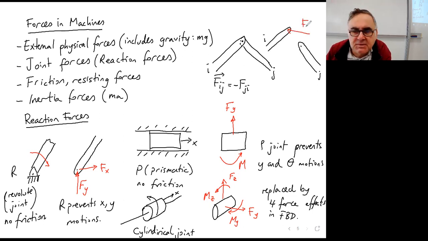So if this is Fji, J acting on I, then this will be my Fij, which is minus Fji.